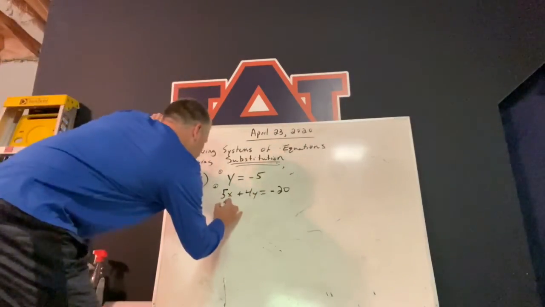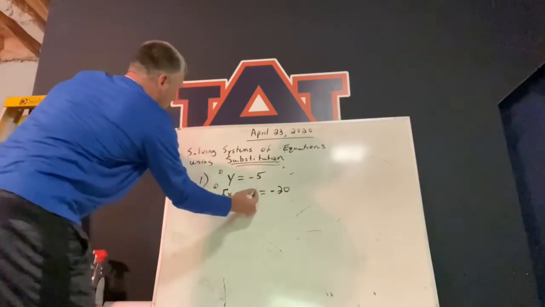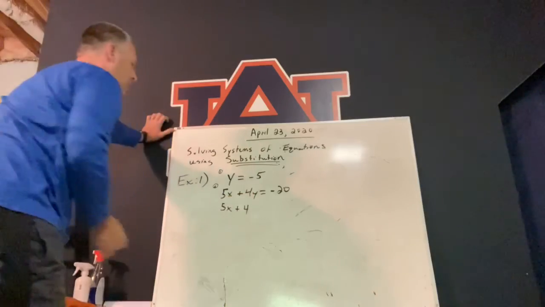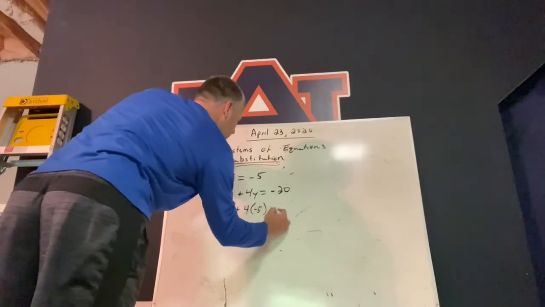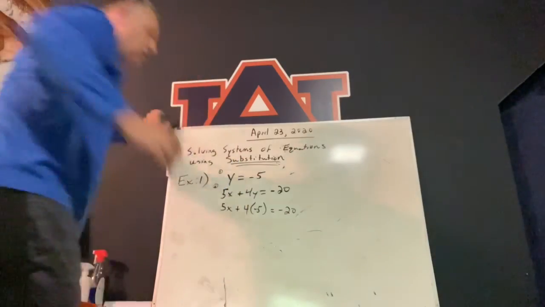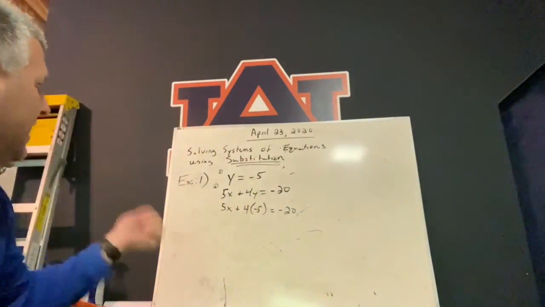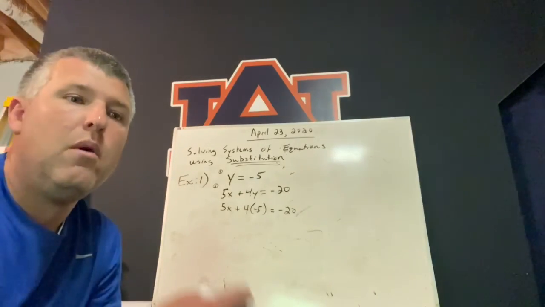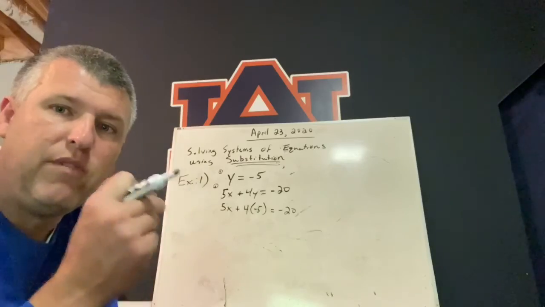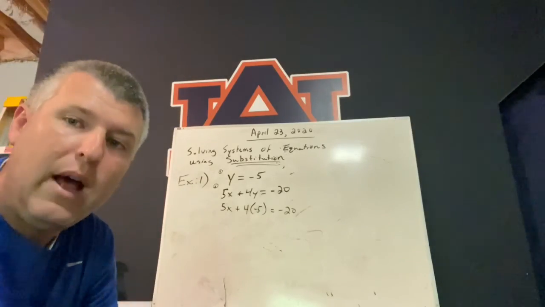So that's going to be 5x plus 4, and there's y, I'm going to replace it with -5. It's equal to -20. So look what I did. I plugged in -5 for y into the other equation. What's our goal? Our goal is to find x and y. I know what y is, so I plugged y in.